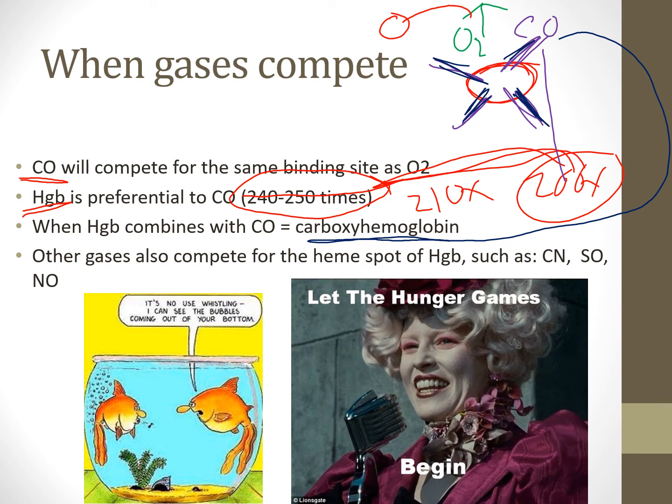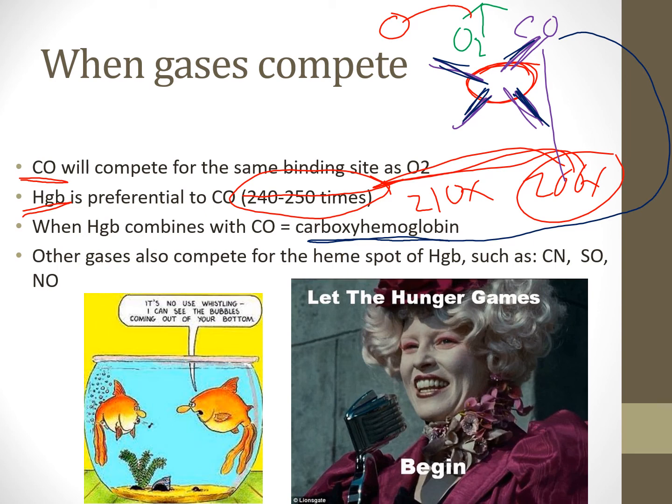Other gases can also compete for hemoglobin as well. So when you're looking at CN, if you don't know what this is, good for you. It's a long word, but it's ultimately something that's found in tear gas. So that's something that can actually bind or compete for the binding sites in your lungs.